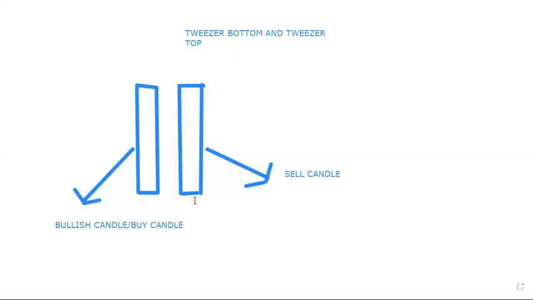Done. Okay. So that's about tweezer top. Now let's go to tweezer bottom.